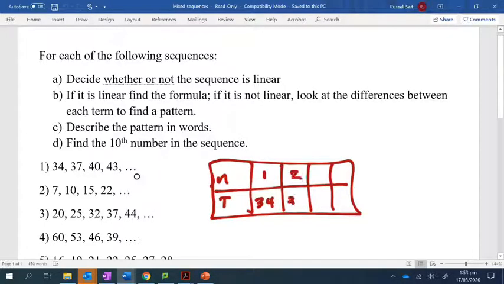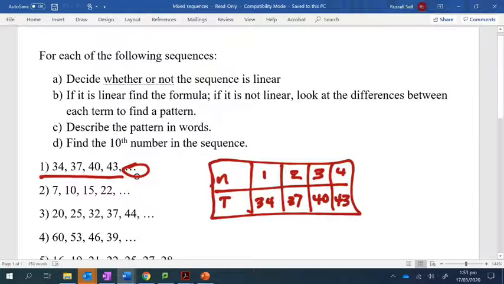Second value is 37. In your notebooks, yes. So we're doing this first pattern, an example. Third number in the pattern is 40. Fourth one is 43, and then of course the ... means it goes on forever in that pattern.